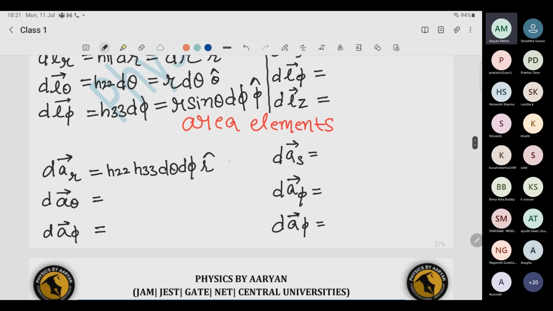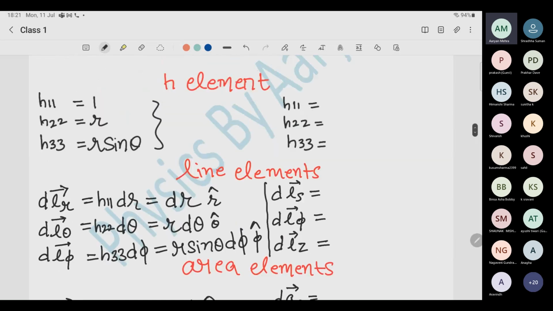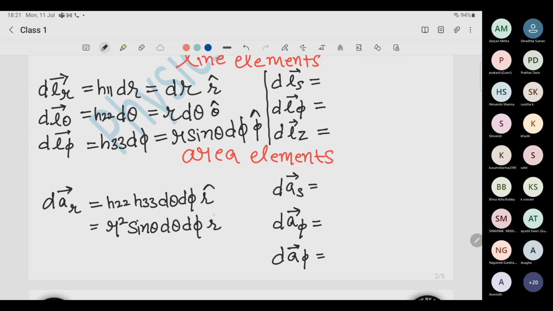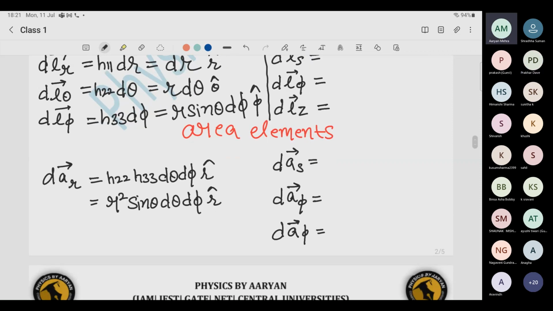So if your r is fixed, then the element corresponding to r, which is h11, you do not write, and you write the other two h. So what will it become then? It will become r square sine theta d theta d phi r cap. Is it fine now? Okay, perfect.